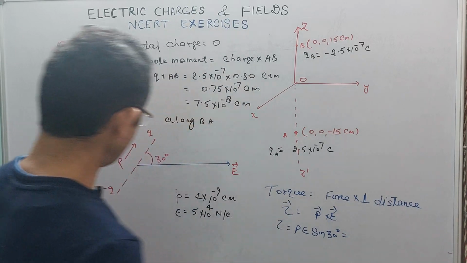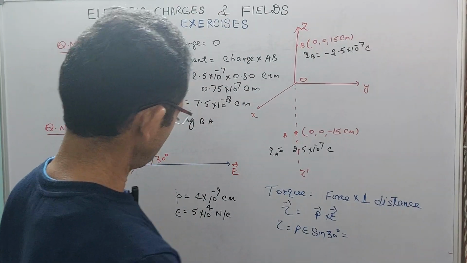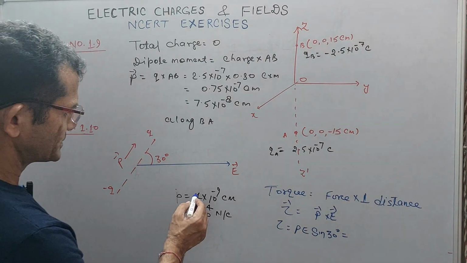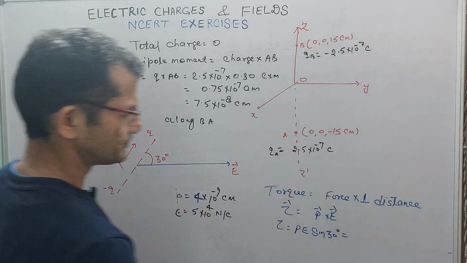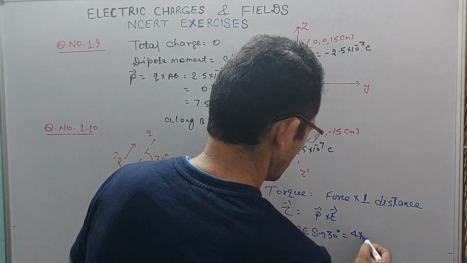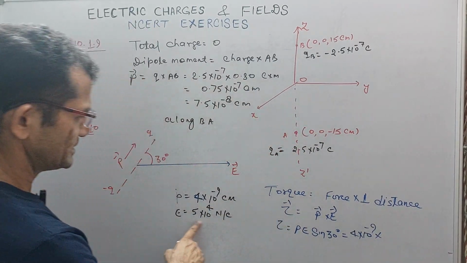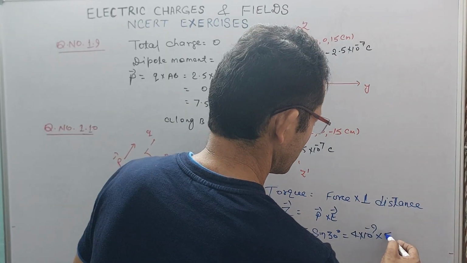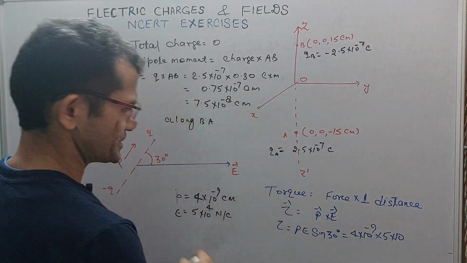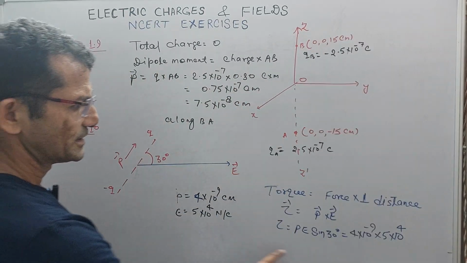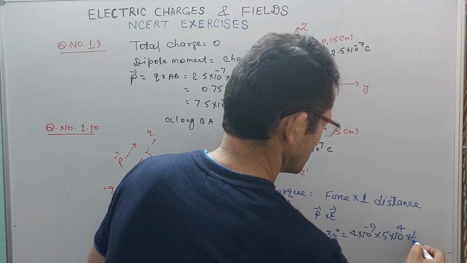So if I place all the values here, P, the dipole moment, has the value 4 into 10 raised to the power minus 9, multiplied by the strength of the electric field, which is 5 into 10 raised to the power 4, and sine 30 has the value 1 by 2.